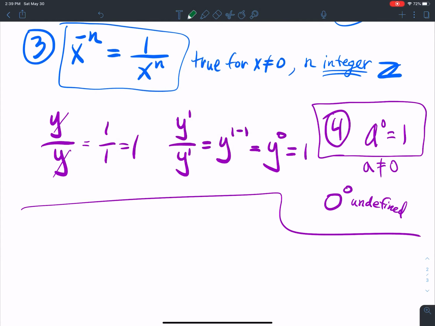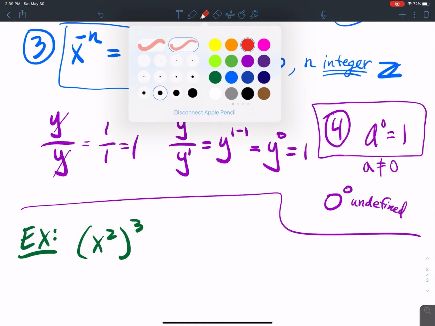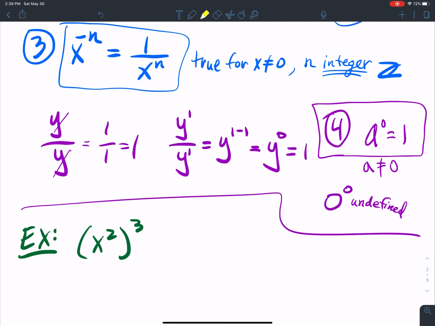All right, let's try another one. X squared raised to the 3. Now, at its core, how I think about this, there's something in here, and I'm going to raise it. I'm going to write it out 3 times.